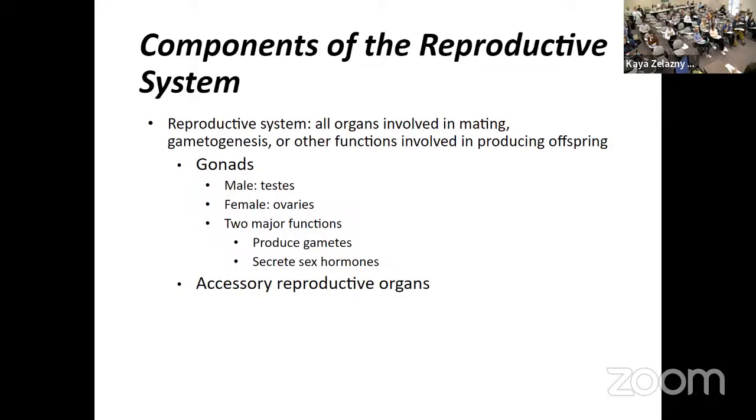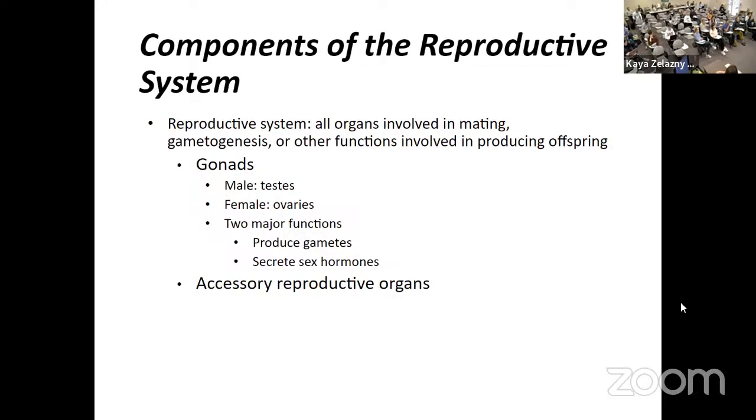So when we're talking about reproductive organs, we're thinking about a wide array of things. We're thinking about organs involved in mating, in sex, in copulation. We're thinking about organs involved in gametogenesis, so the production of sperm and egg cells, and other functions involved in producing offspring and feeding those offspring.